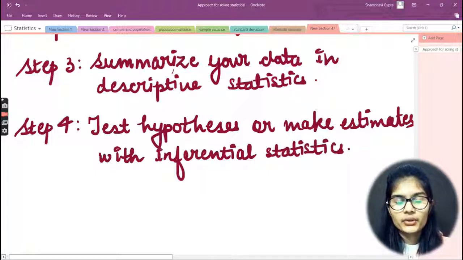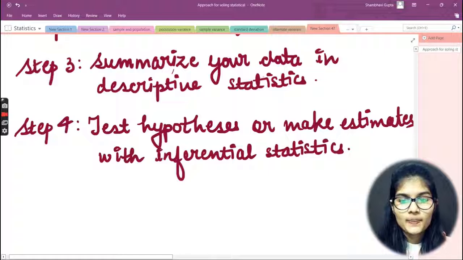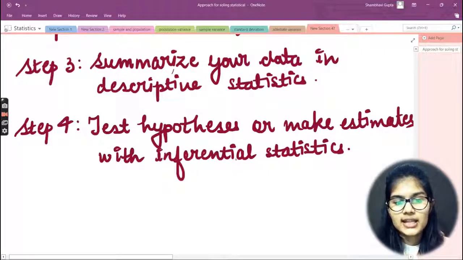So in step number 4, you have to test the hypothesis, or you have to make estimates with the inferential statistics.